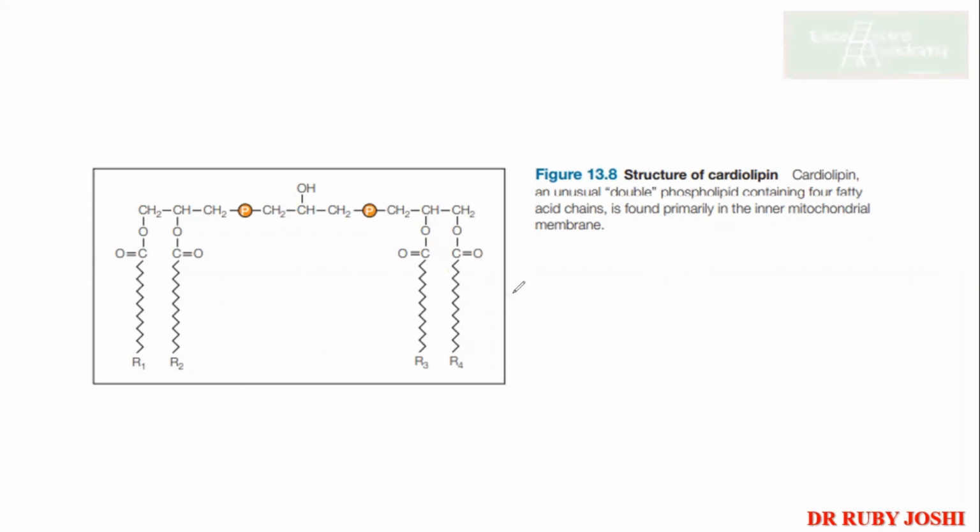Now where is it present? They are only found in the inner mitochondrial membrane. Okay, they are present only in the inner mitochondrial membrane. Now can anyone tell me why is that so? Any guesses?